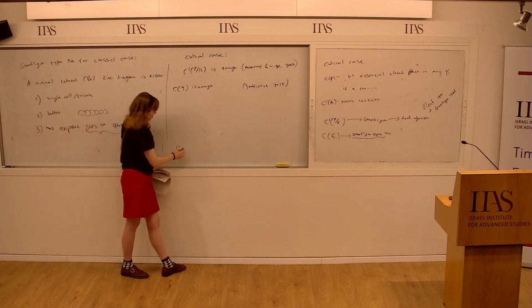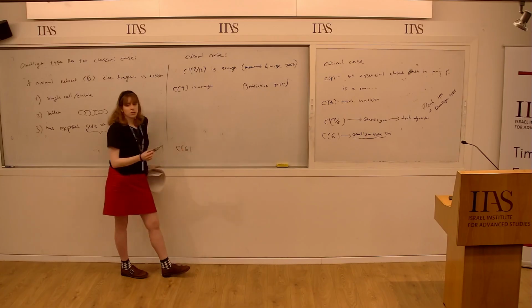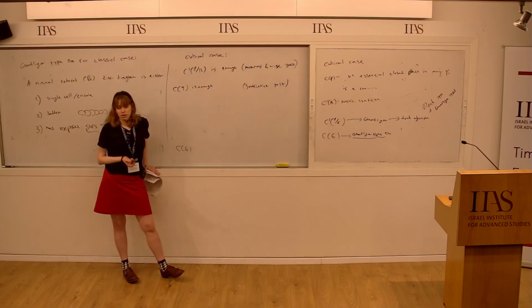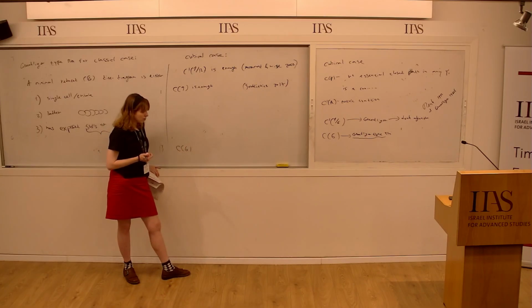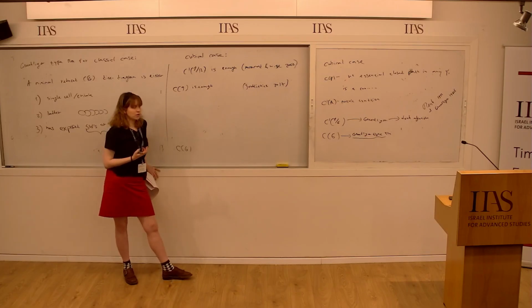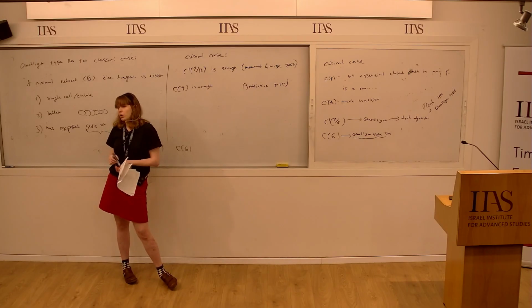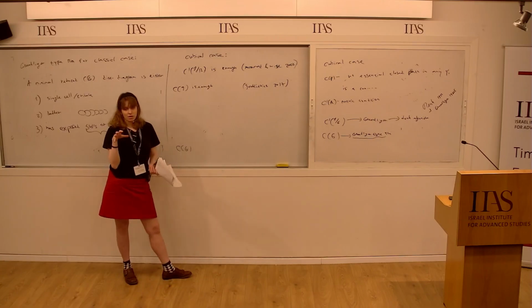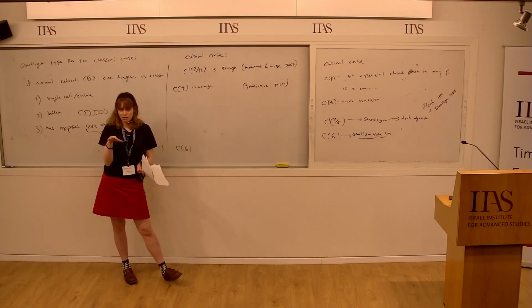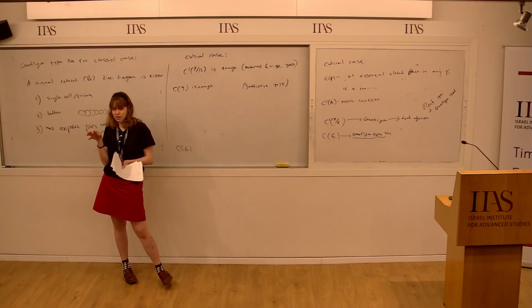Okay, on the other hand, we know that C(6) cannot be enough. The way I think about it, intuitively, is that for the classical case, we need at least hexagons, in the piecewise sense.